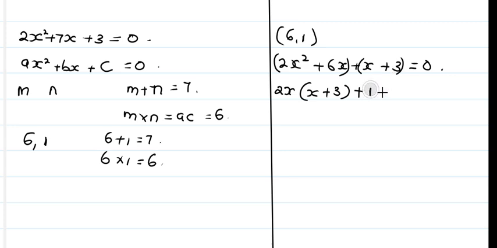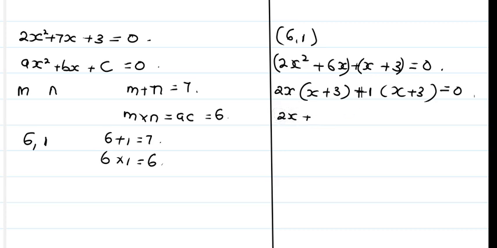Then for this part, x plus 3, there is no common term, so I can just say the common term outside the brackets is 1 into x plus 3, because 1 multiplied by x will be x, then 1 multiplied by 3 will be 3, and it will just make this part remain the same, is equals to 0. So, since this x plus 3 and this x plus 3 are the same, I can just pick one, then the ones outside the brackets, I add them.